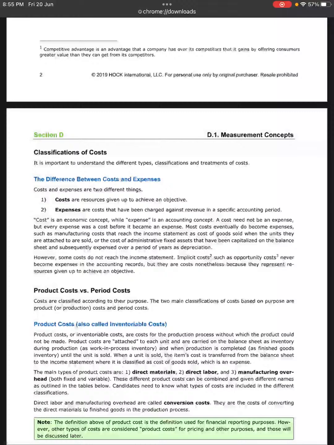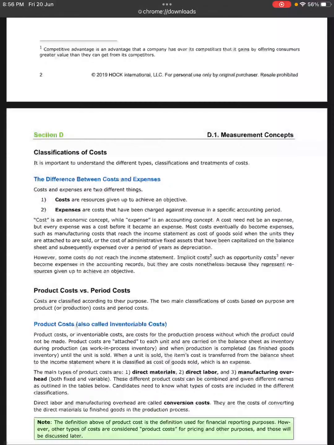But costs do not include all these expense items. Suppose I purchase one item, that will be the cost directly, that is separable, that is identifiable. Only that is included in cost.